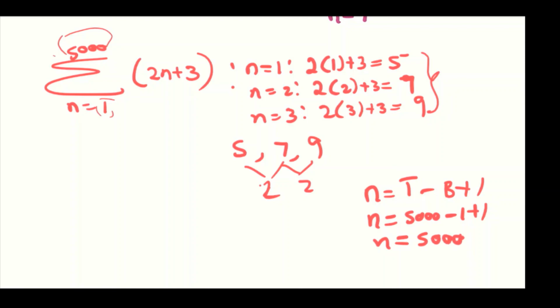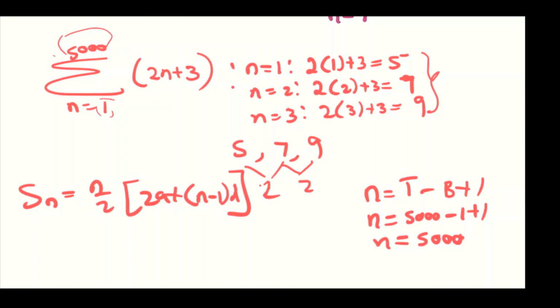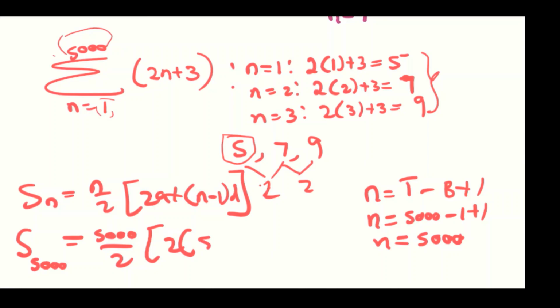To find the sum, Sn is equal to n over 2 times (2a plus (n minus 1) multiplied by d), right? And we want the sum of how many terms? 5,000 terms. So it's going to be 5,000 divided by 2 times (2 times our a value of 5, plus (5,000 minus 1) multiplied by our common difference of 2).